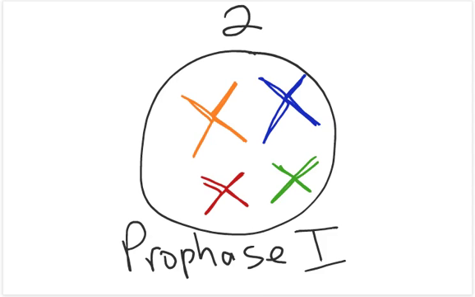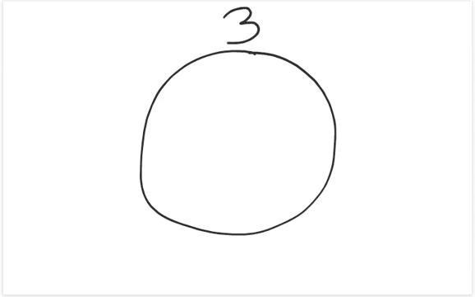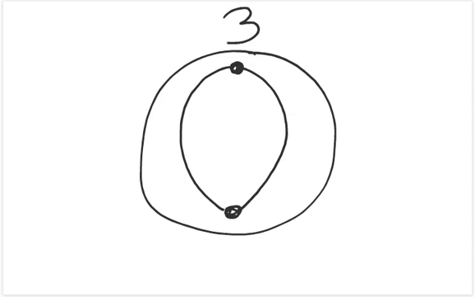And then what comes next? Right, metaphase, but it's a little bit different this time. So this time we have the centrioles appear. But this time, instead of having all 4 chromosomes line up along the middle, because I only have 4 chromosomes, I'm only going to have 2 spindle fibers this time.